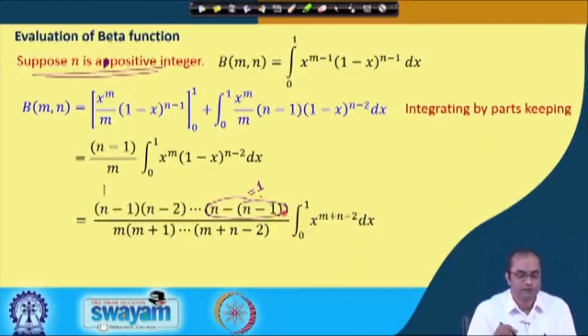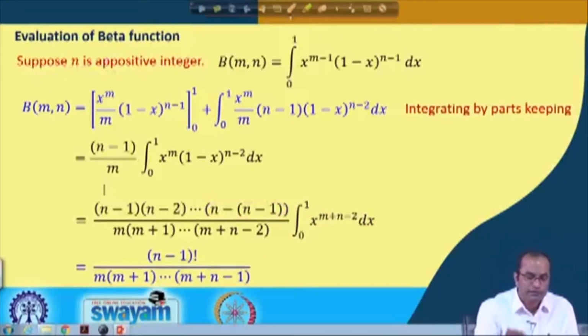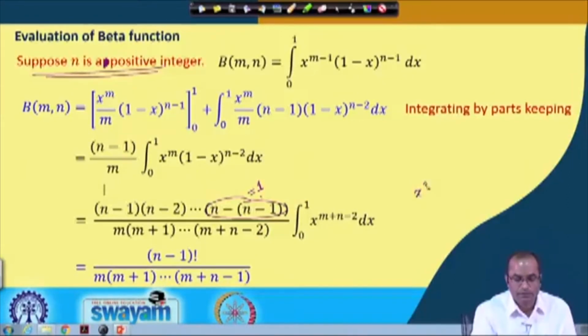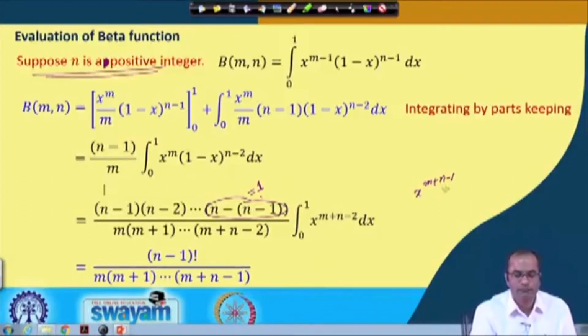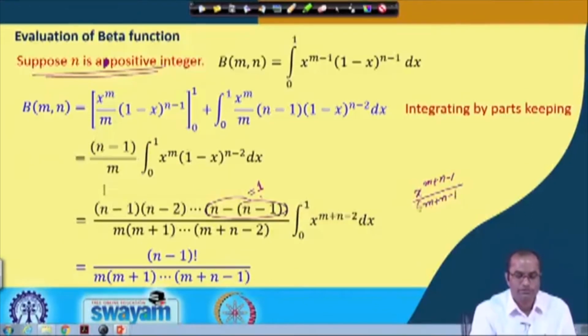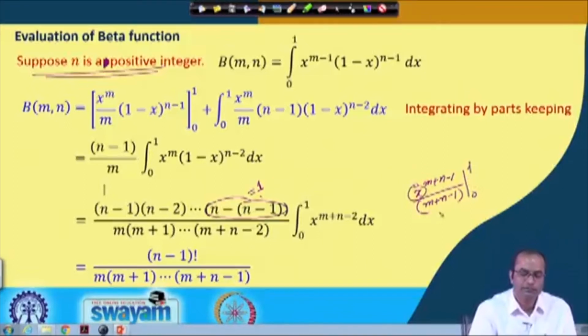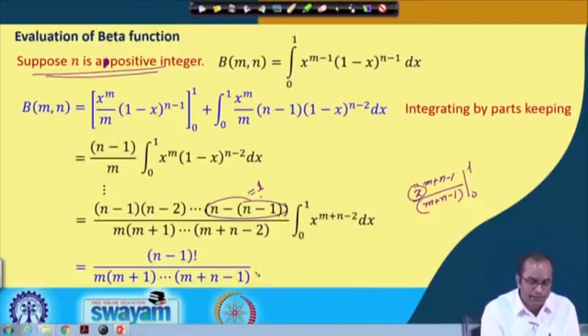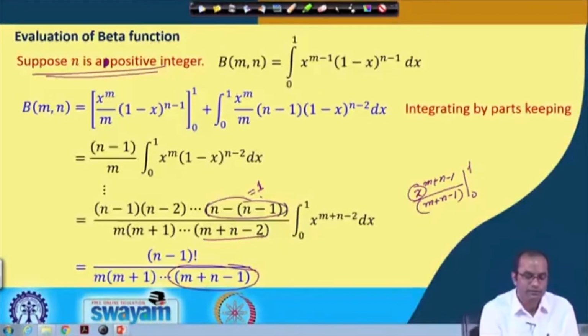and this is easy to integrate. So, what we get after this integration, this will be x power m plus n minus 1, because we will add 1, and then this will be divided again by this term, and then we have the limit 0 to 1. So, when we put x equal to 1, we will get 1 over m plus n minus 1, and that is the reason we have taken this product to m plus n minus 1.